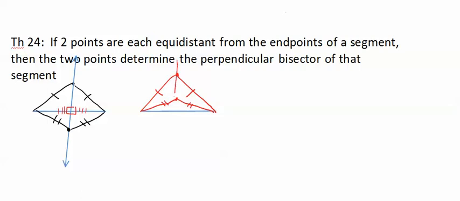Again, the perpendicular bisector would be the line going through those 2 points. It would create congruency here and here, but also create right angles there.